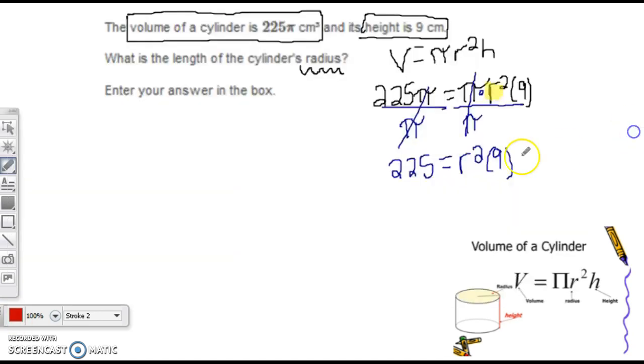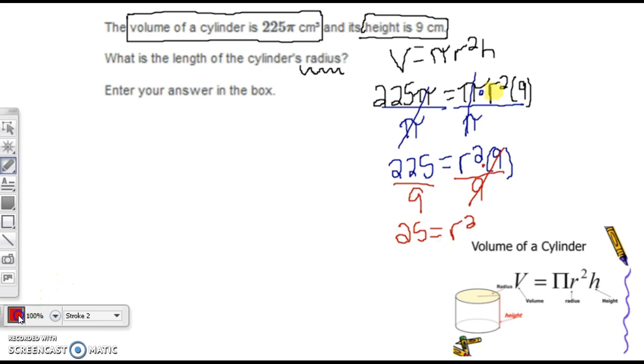Now I need to get rid of that 9. Again, I'm trying to solve for the radius. It's radius squared times 9, so the opposite is to divide. Now, if you want to, you can do this in one step. You can do pi divided by 9 and pi divided by 9 if you want to. So just as a heads up, you can mush that into one step. All right, and then 225 divided by 9 is 25.